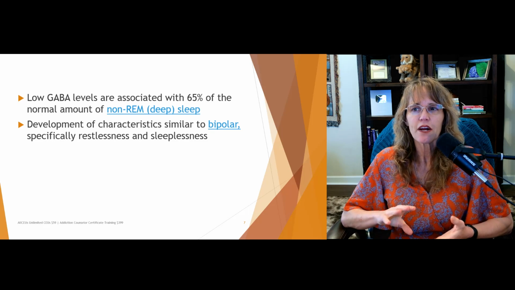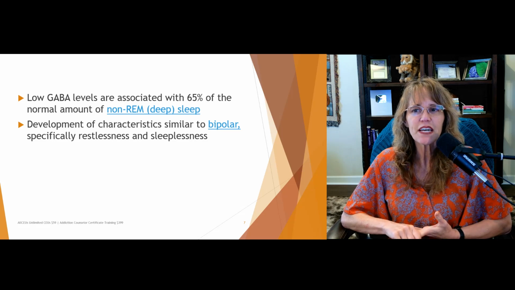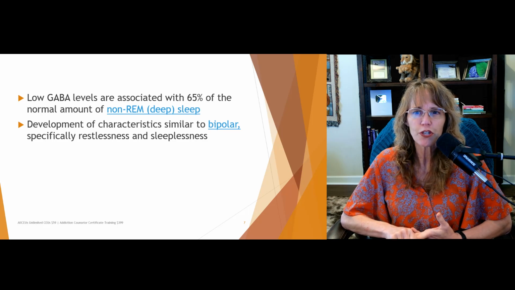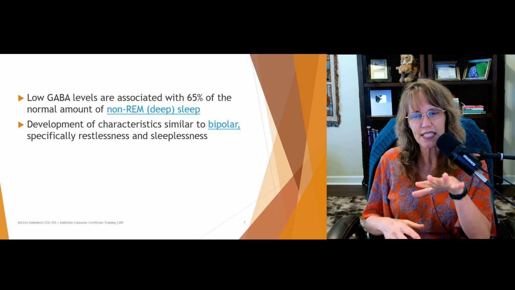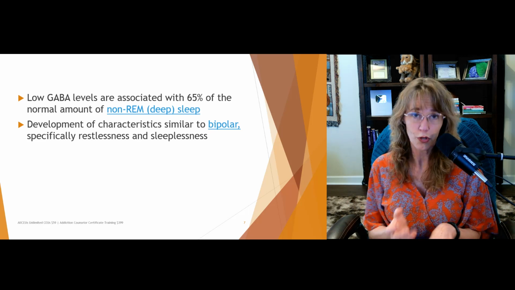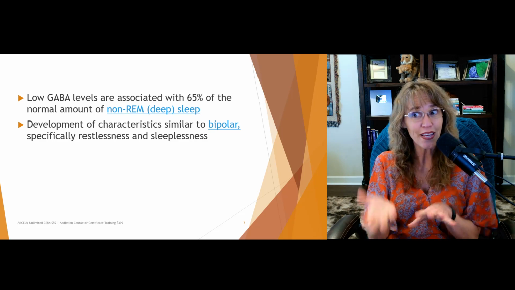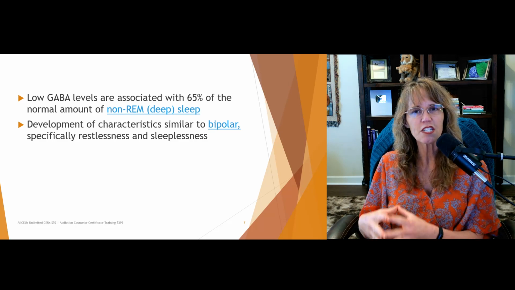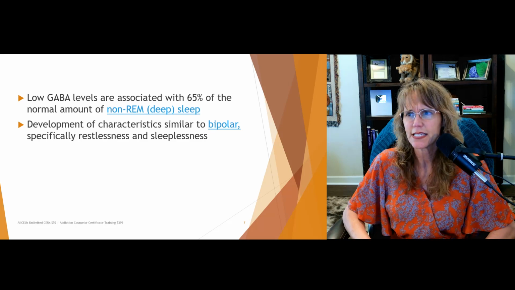Additionally, when they don't have enough GABA, they may develop characteristics similar to bipolar, specifically restlessness or sleeplessness. As the GABA levels get too low or the glutamate levels get too high in the mix, then people are going to start having more irritability, more anxiety, more restlessness.